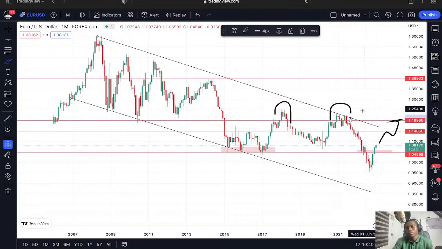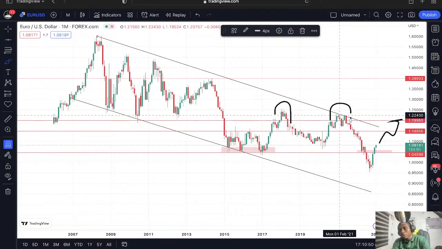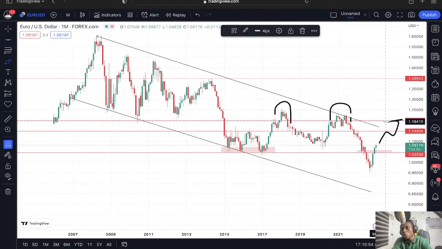So observing and following this pattern, we expect that price would not just easily go through here, but might first create a rally. Price might first rally at this region before deciding the next direction.